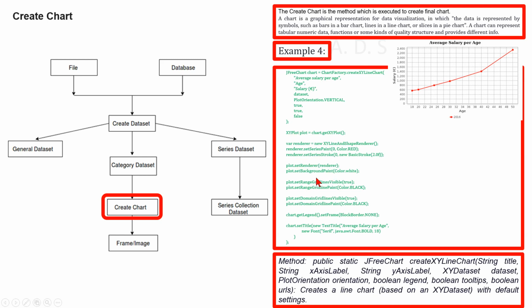The set background paint sets the background color of the plot area. We show the grid lines and paint them in black color.